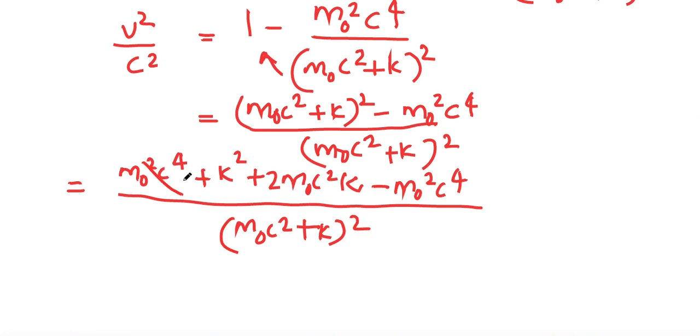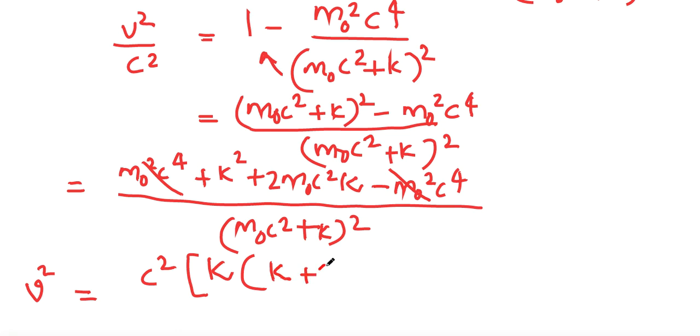Now these two terms cancel out, and you have the remaining terms. So from this we can write v square equal to c square into (K square plus 2 m0 c square K). I can take K outside, so K into (K plus 2 m0 c square), whole divided by what?